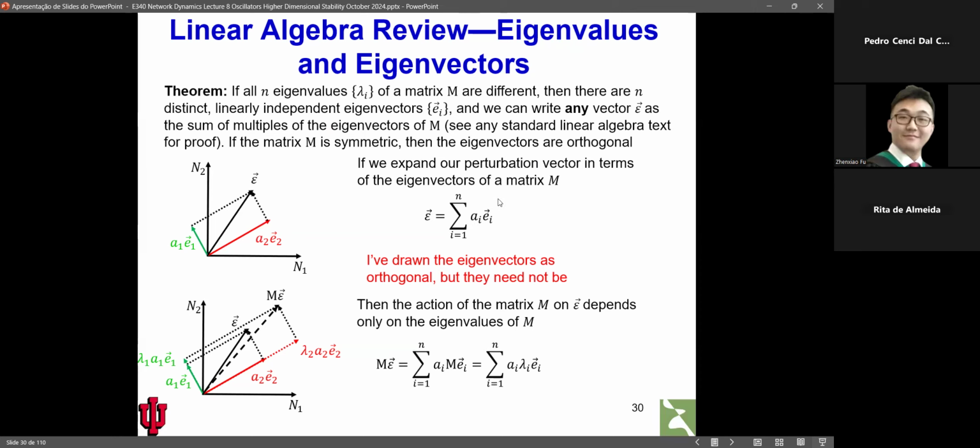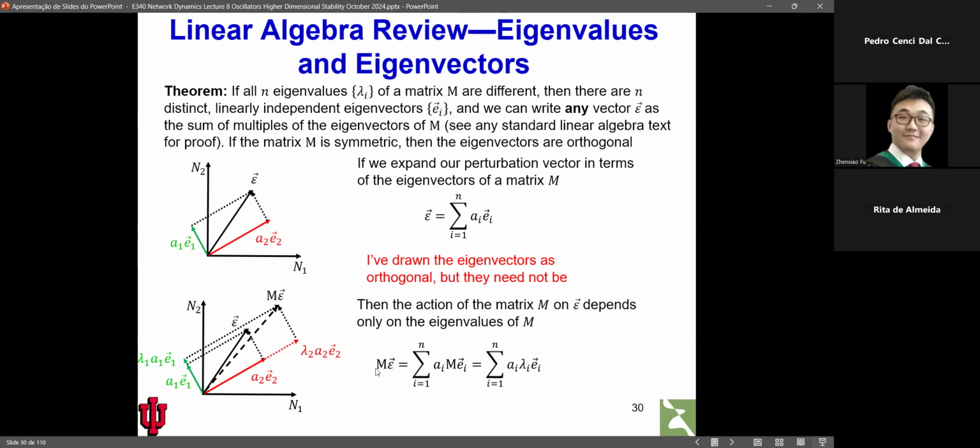So it's a linear combination of them. Okay. James here says he has drawn the eigenvectors as orthogonal, but they are not necessarily orthogonal. They are necessarily orthogonal only if M is symmetrical.